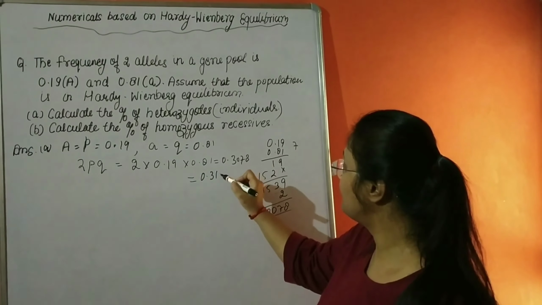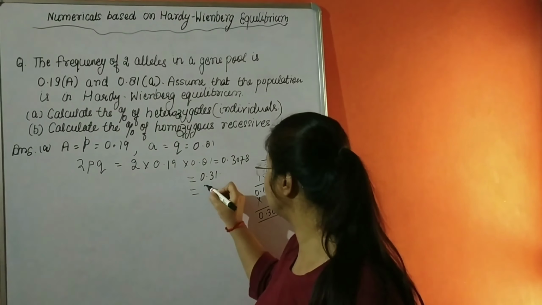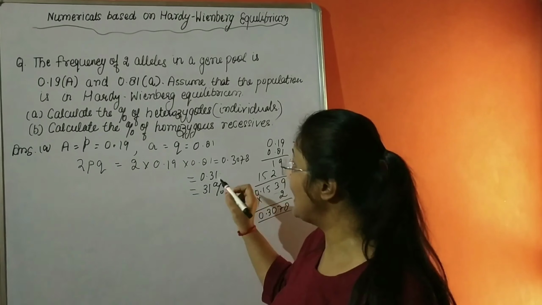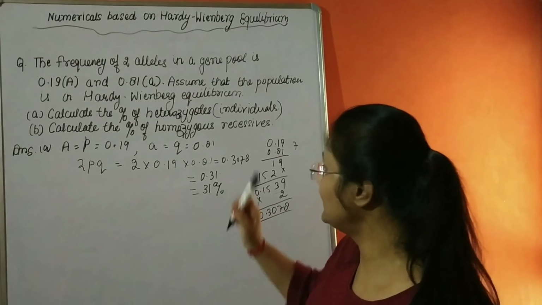If we want to express it in percentage, then it will be 31%. So the percentage of heterozygotes is 31%.